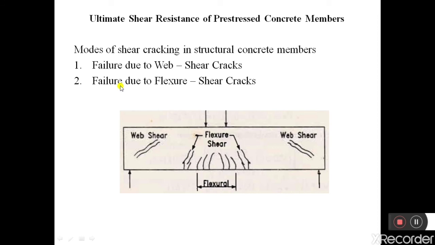The inclined shear cracks extend to the compression face, resulting in a sudden, explosive diagonal tensile mode of failure. So these are the two modes of shear failure in prestressed concrete members, and we should analyze a given member for both.